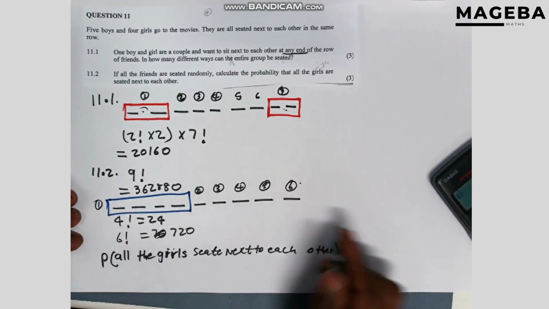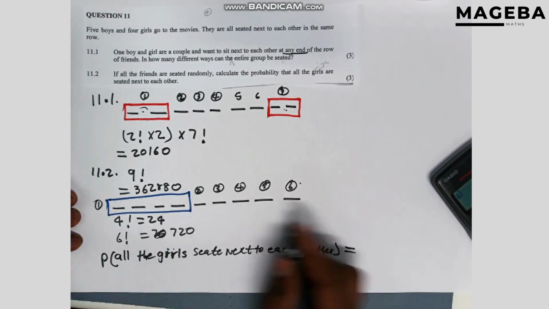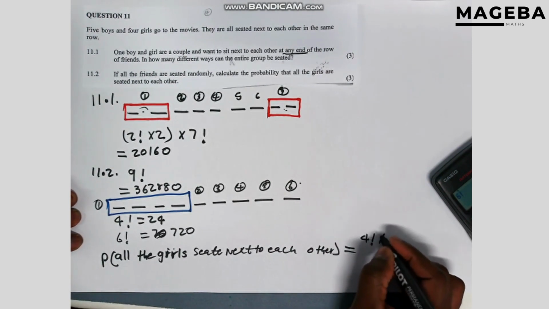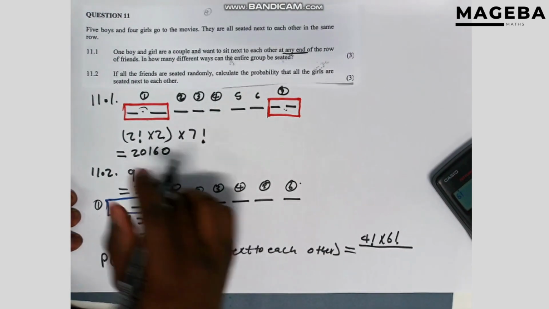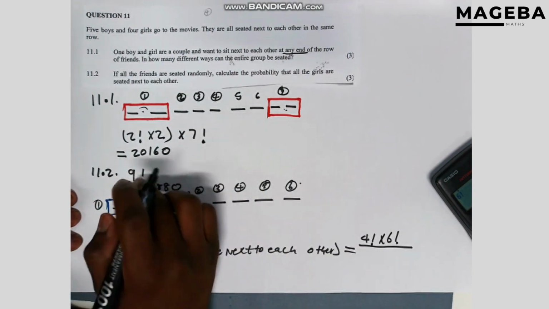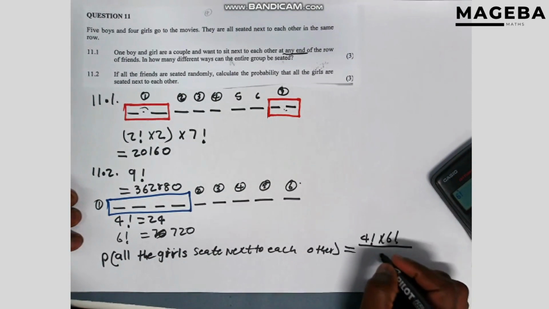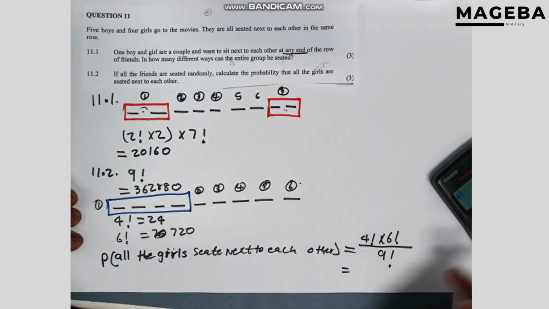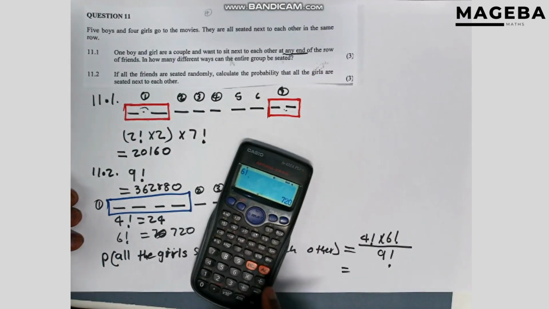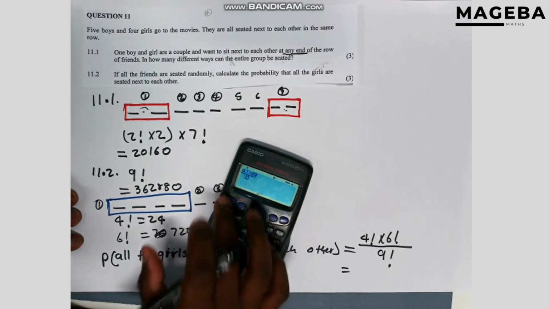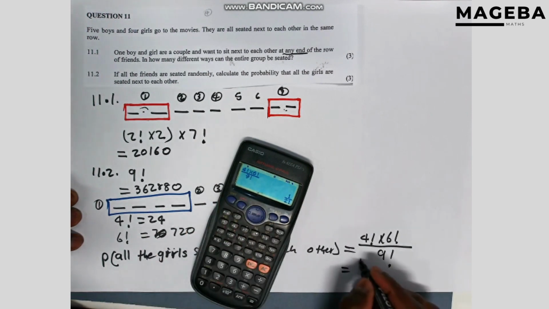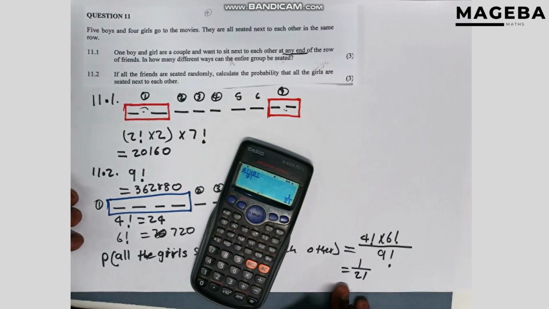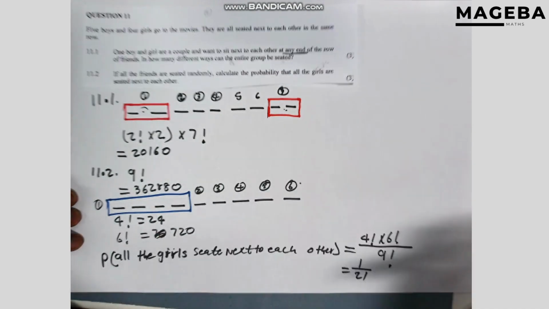We just need 4 factorial times 6 factorial, all over the total arrangement if all of them are seated randomly, which is 9 factorial. If we find the answer, it's 4 factorial times 6 factorial all over 9 factorial, which is 1 over 21. This is the probability.